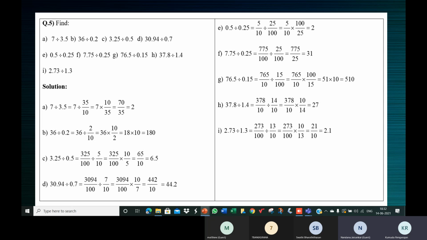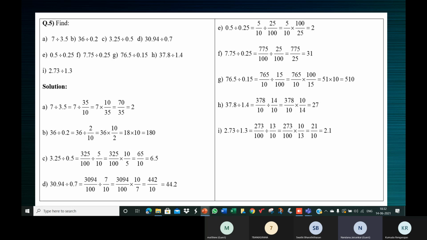What is the type of division here? We are dividing a decimal by another decimal, correct? Yes, ma'am. First we should remove the decimal point from both the decimal numbers, ma'am.